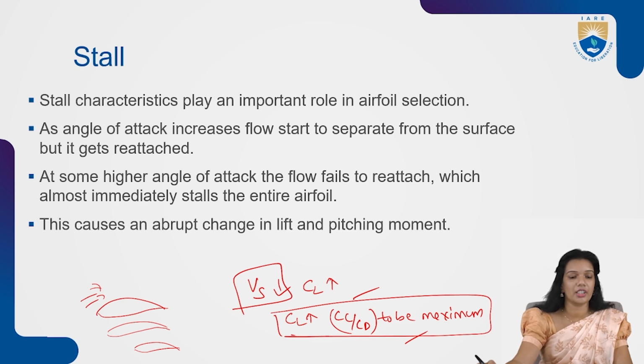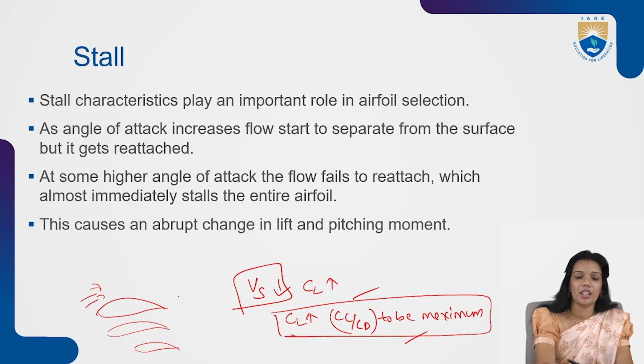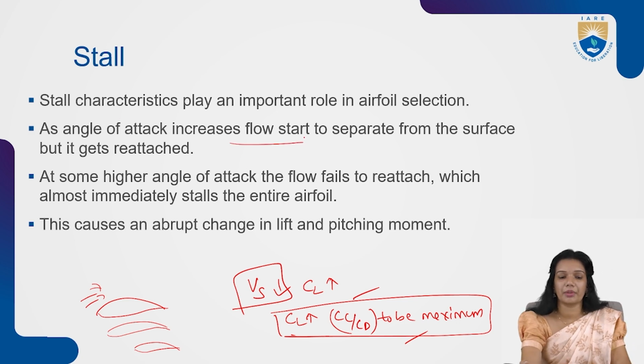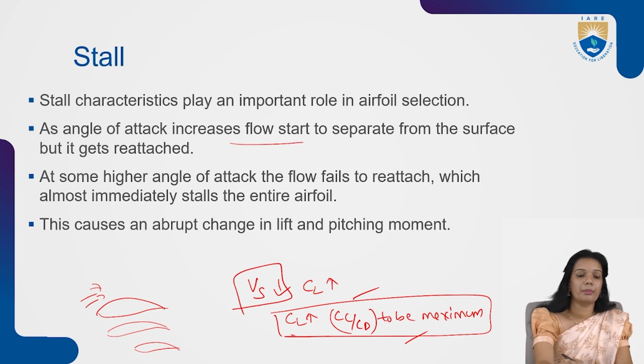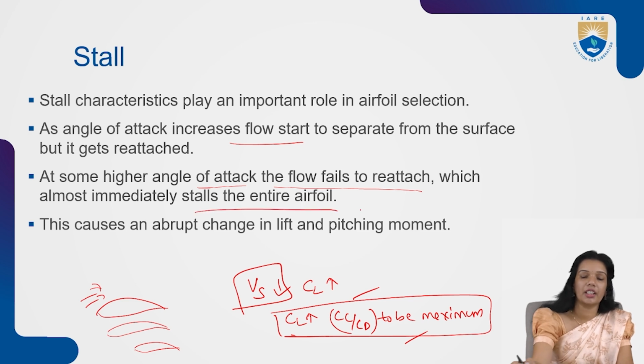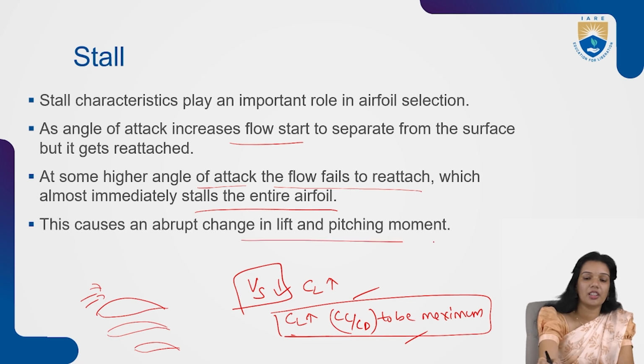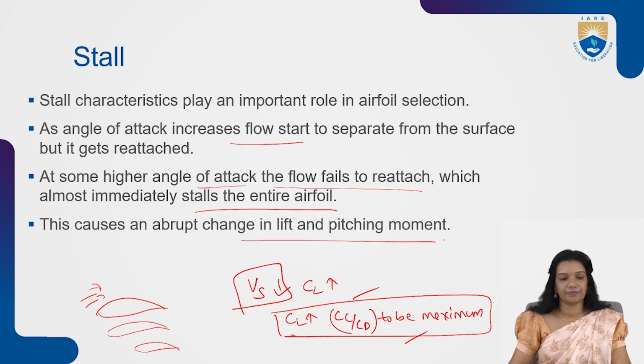As the angle of attack keeps increasing, flow starts to separate, but it gets reattached. But maybe at some higher angle of attack, the flow fails to reattach itself, which immediately stalls the entire airfoil. I don't want that condition to happen, because this causes a change in the lift and in your pitching moments.